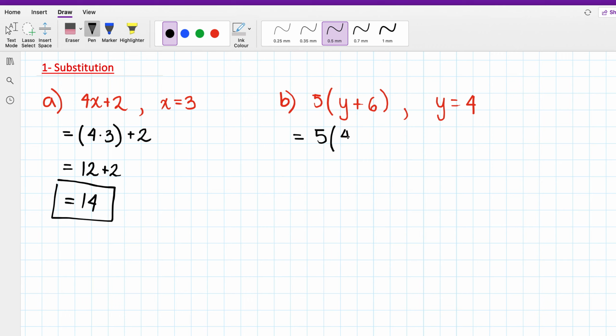So 4 plus 6. Remember, using order of operations BIDMAS, I solve brackets first. So 5 times 10. Remember that this 5 means implicitly 5 times the whole bracket. So this is equal to 50.